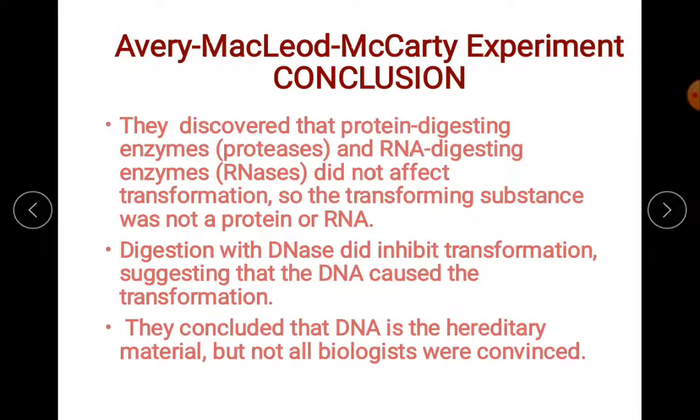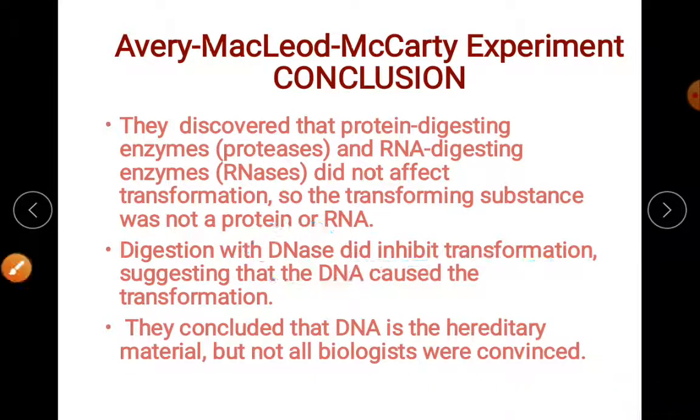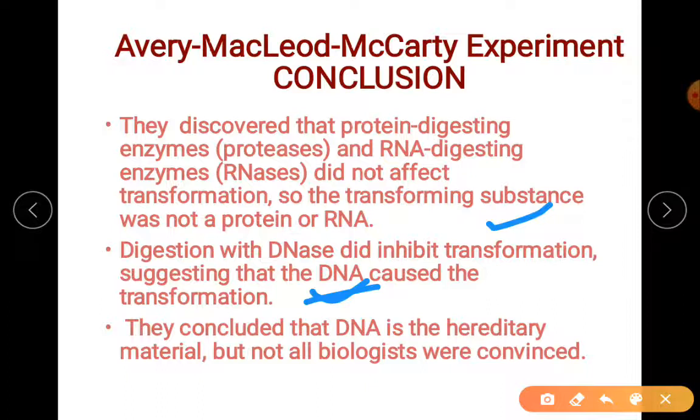Though his conclusions were very good, the biologists of that time were not convinced. They were not happy with the biochemical experiment and wanted a little more, because we can't say that whatever stopped transformation is DNA just because of the DNase enzyme. It doesn't mean that only DNA was responsible.